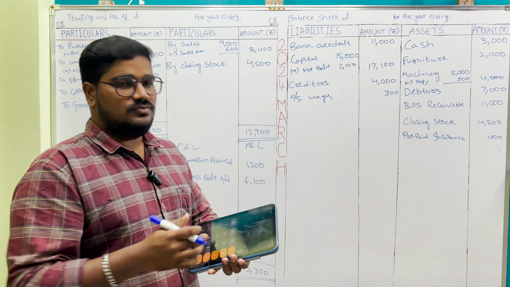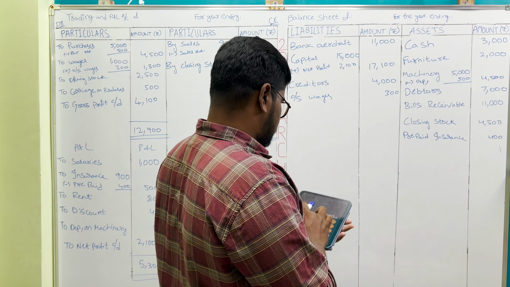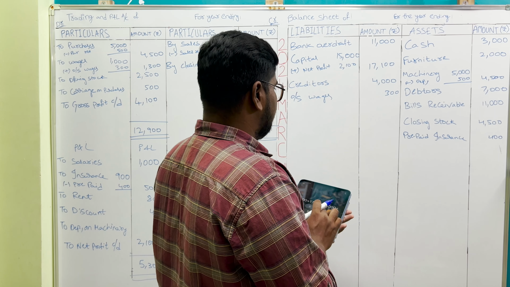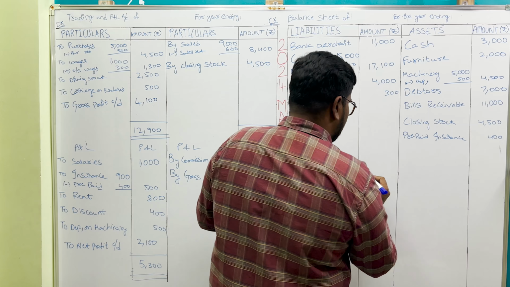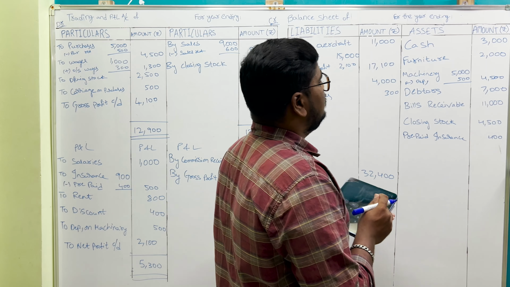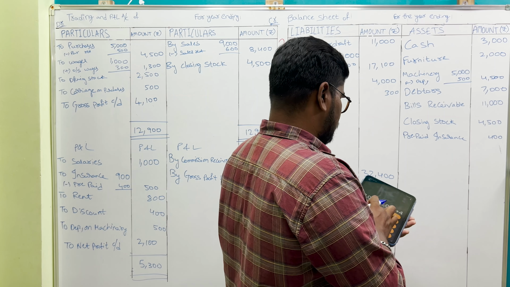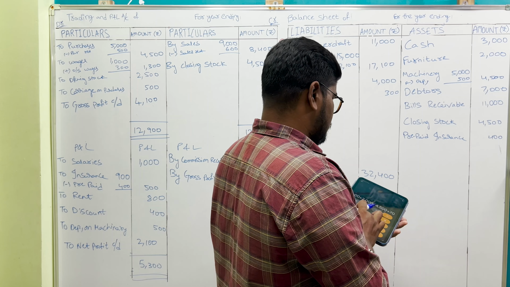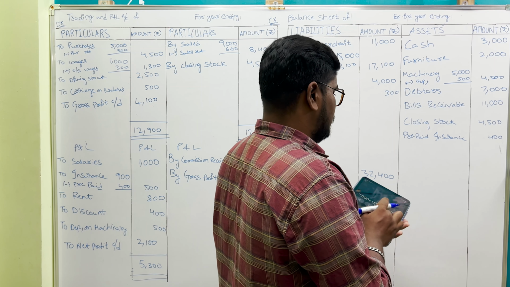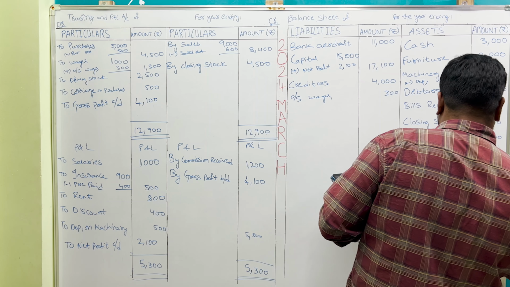If they match, then we are good with the sum. 17,100, 4,300, that is 32,400. Let's quickly calculate the assets. 3,000, 2,000, 4,500, 7,000, 11,000, 4,500. That is 32,400.